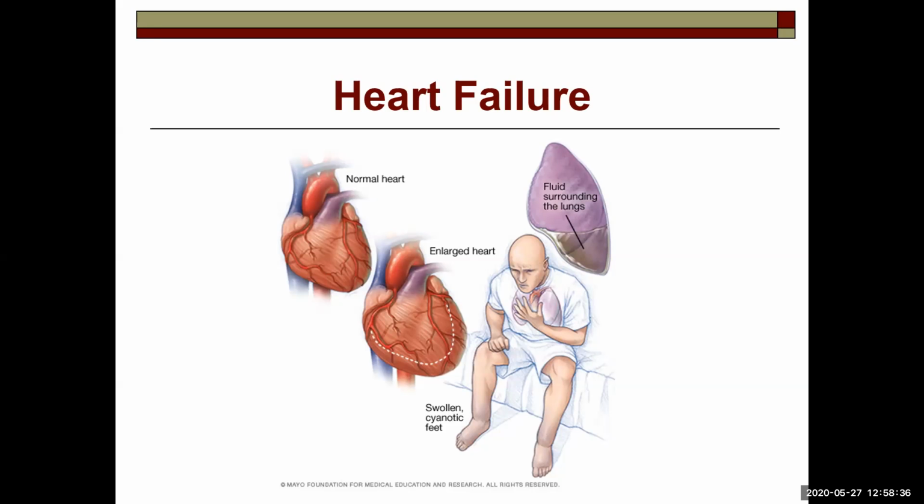If the afterload is high, then the heart can fail because it's trying to pump and it's unable to pump, so all the blood flow will go back into the ventricles. And all the blood that is accumulating in the ventricle will seep into the muscles of the heart, and eventually the muscles of the heart will become congested. So you end up having what we call congestive heart failure.